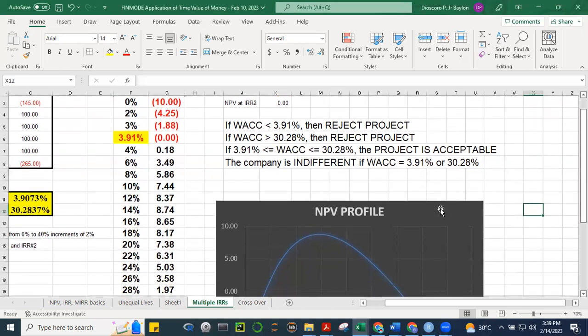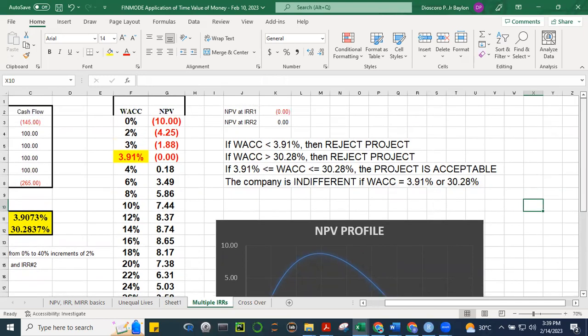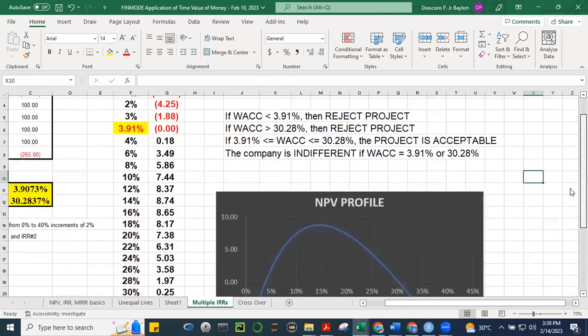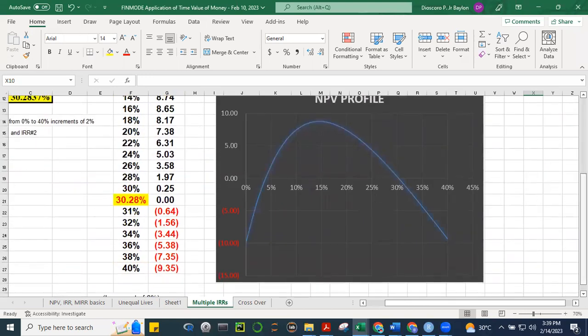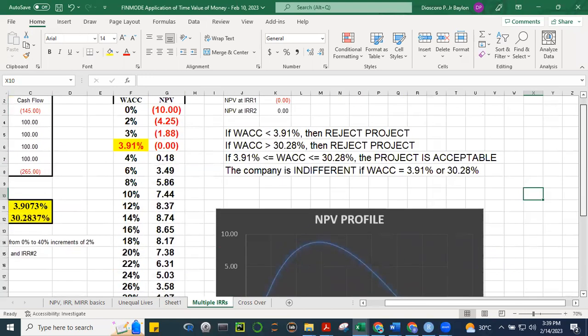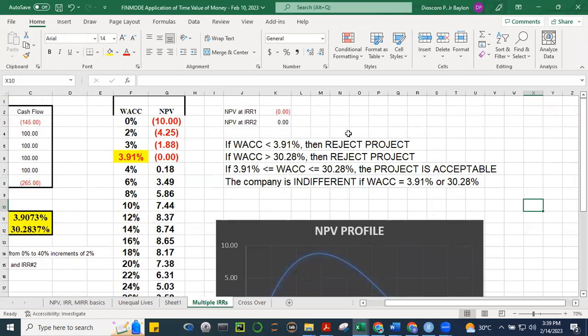Okay, so it's not only this factor. The company has to look at other areas of concern. Okay? All right. Any questions about this, class? Clarifications about our multiple IRRs?